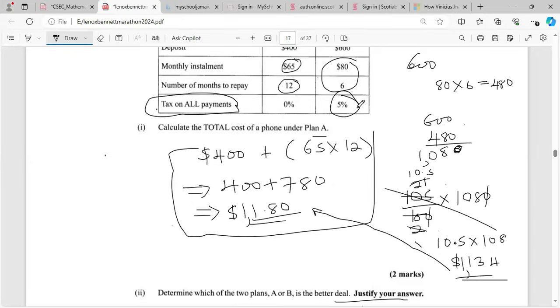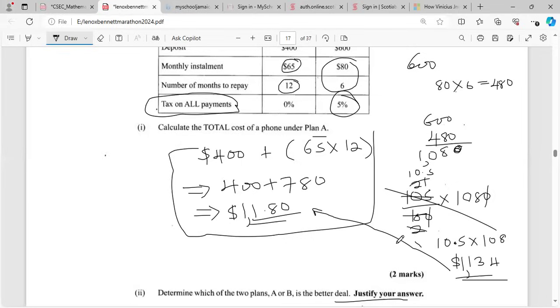I think it will work out to the same thing. What I did was do the 5% tax times the 6 months. But you can't find 5% of the month; it would be 5% of the 80. But it's on all payments. Notice that. When they say all, they include the deposit. I think that's what they meant.